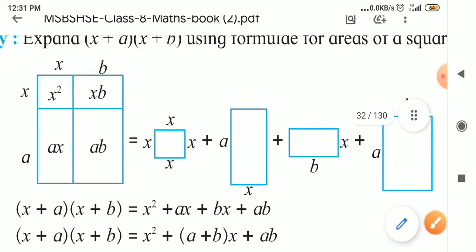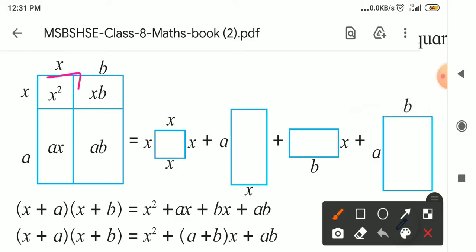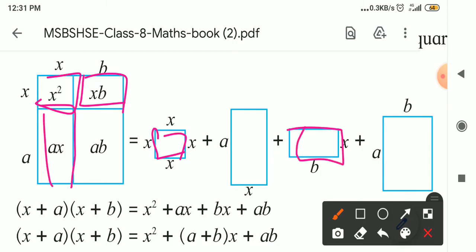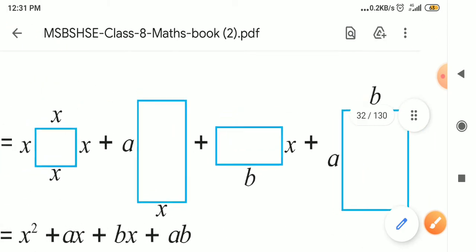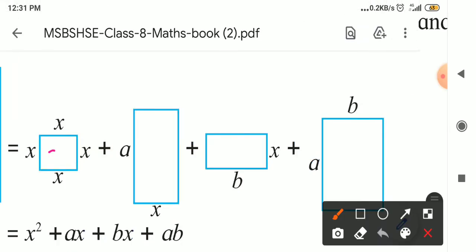Separately, these figures are drawn here: the first figure is here, the second quadrilateral is here, the third quadrilateral is at this place, and the fourth quadrilateral at this place. Each quadrilateral's area is found: the area of the square is side square, x square; the area of this rectangle is length into breadth, ax; the third one is length into breadth, bx; and for the last one, length into breadth is ab.